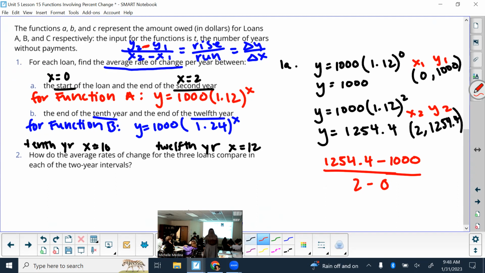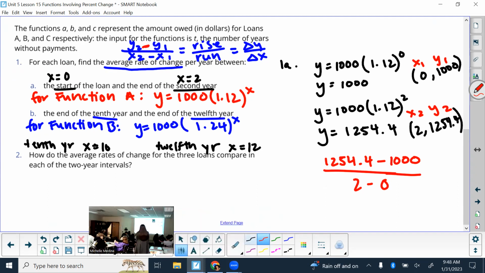Notice these are paired together because they're from the same coordinate, the 0 and 1,000. Notice they are on top of each other in that fraction. This one that's paired together when we solve for year 2 is also on top of each other in the fraction. You cannot have them from the same coordinate be diagonal from each other because that's when you labeled it wrong and plugged it in wrong.